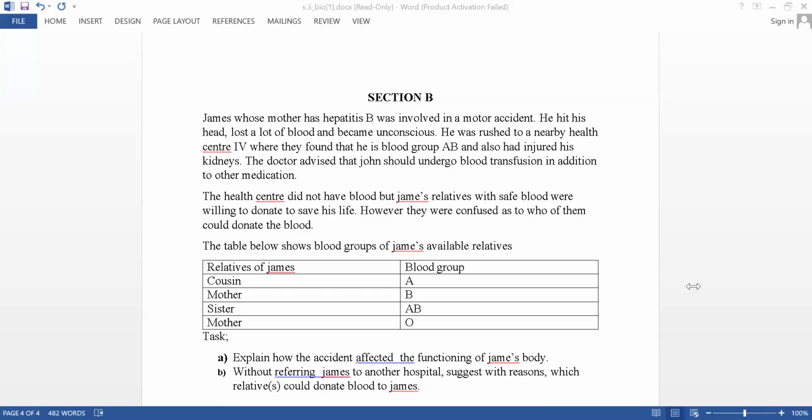No. Transport in animals. Okay. It is coming here. It will be you to share it in the group. All right.